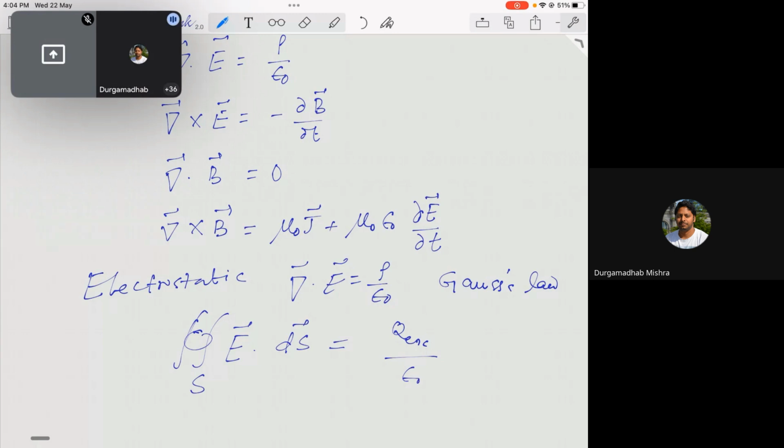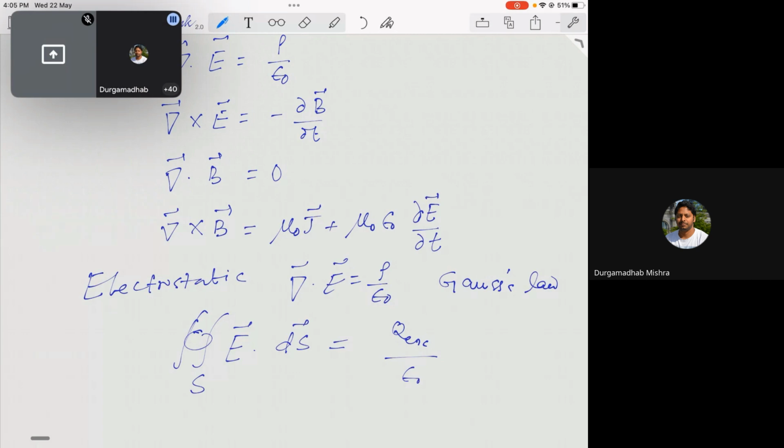This is a way you can find the electric field if you know the charge distribution. If you know the charge distribution and what kind of symmetry exists, you can use that symmetry to get a Gaussian surface.